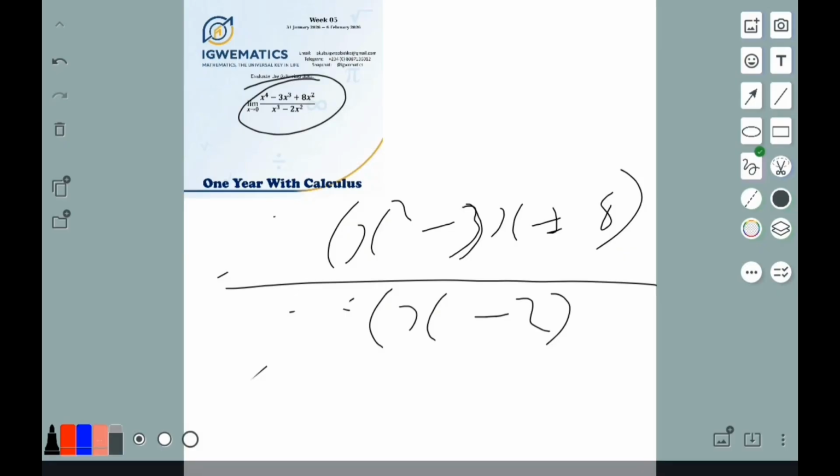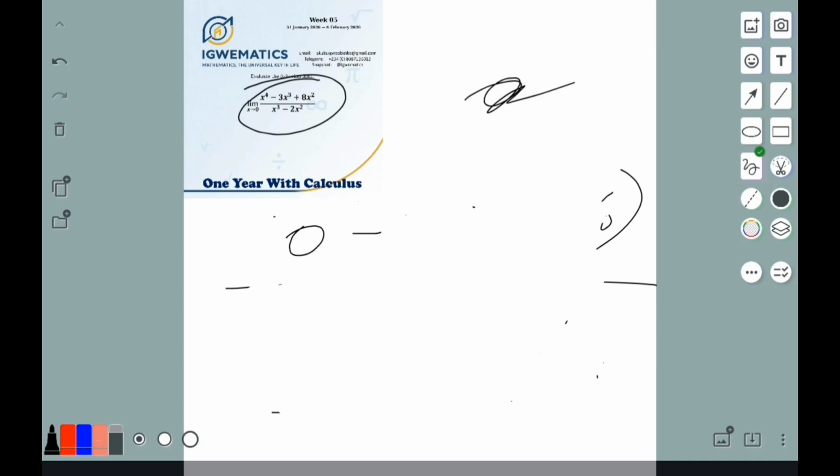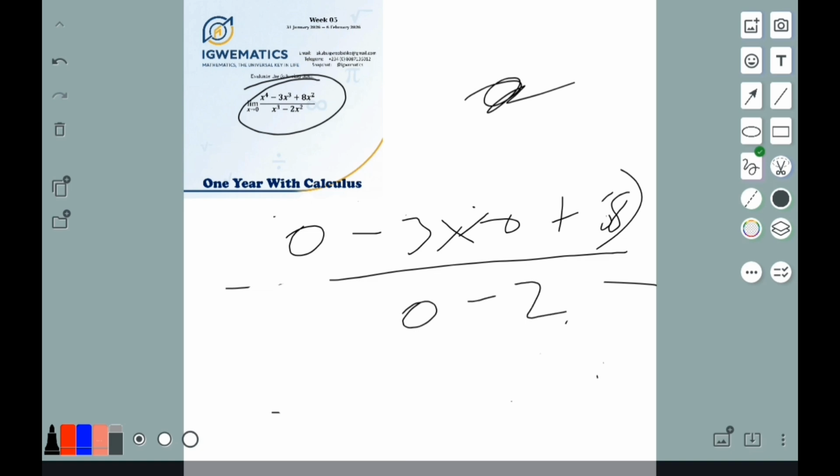Now that the limit can be evaluated nicely, you can evaluate the function at x equals 0, just like you would have done in the previous case. We have 0 minus 3 times 0 plus 8, divided by 0 minus 2.